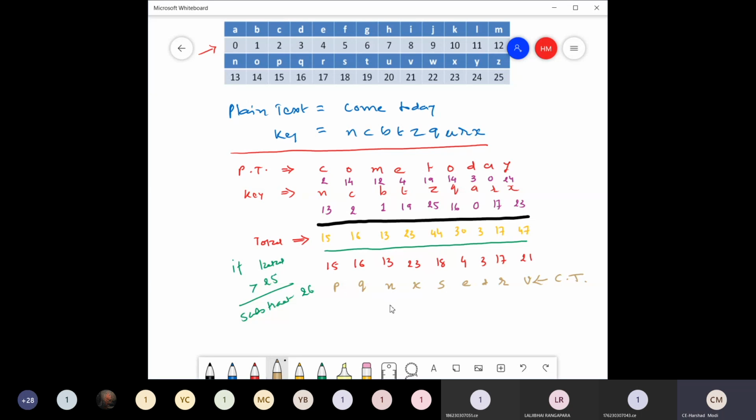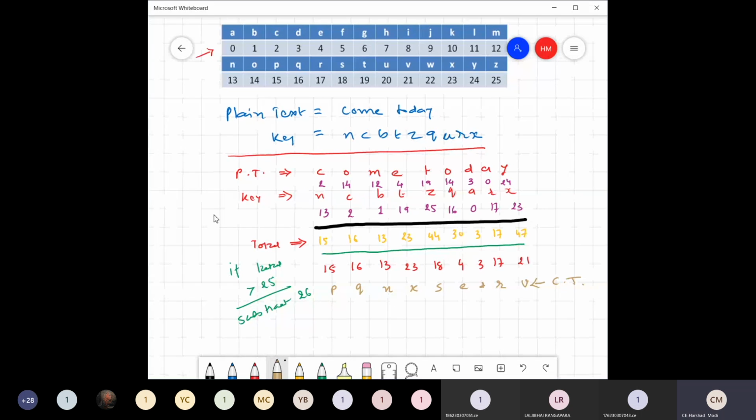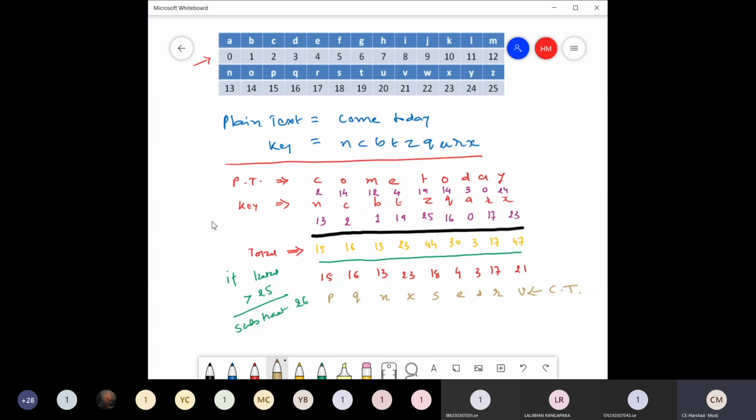Do you understand what we have done? We first assigned numeric values by looking at this matrix of alphabets A to Z, from 0 to 25. Then we assigned values to the key characters. Then we performed the simple addition operation. Then if the total is greater than 25, we subtract 26.